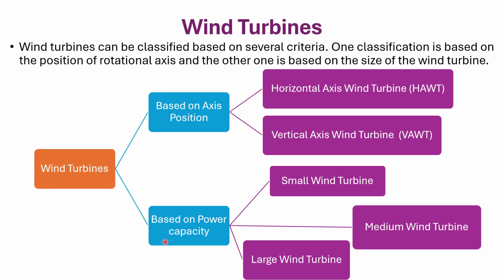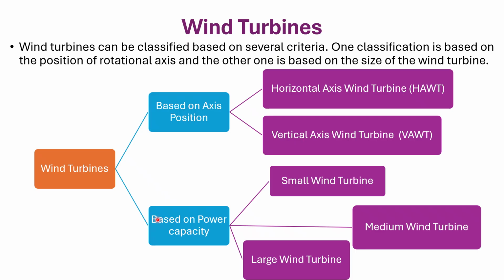Moving on to the power capacity, the size, as I mentioned: small, medium, and large. It is based on the requirement. For example, the output power rating of small wind turbines is less than 20 kilowatts, and this type of turbine is used for residential applications, supplying households with electricity for a local small circle or a residential area.